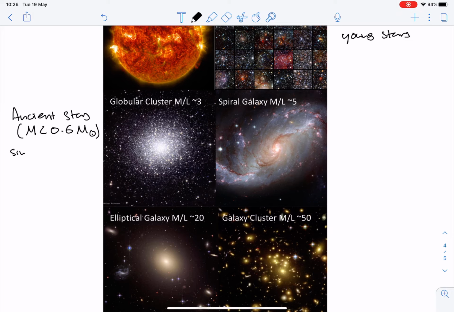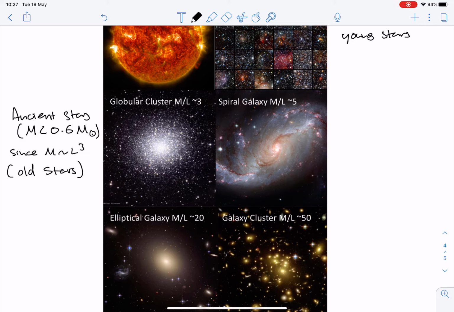And since you've got this relationship between mass and luminosity, you actually have quite a high mass to light ratio in a globular cluster, about 3. That doesn't mean there's 3 times more dark matter in a globular cluster than there is locally. What you're actually seeing here is that this is just because of old stars. So there's not a lot of evidence for dark matter sitting in globular clusters.